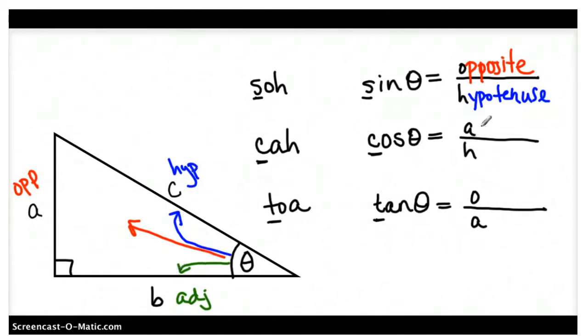So cosine is the ratio of the adjacent side over H, again the hypotenuse. And then TOA, tangent, is the opposite over the adjacent.